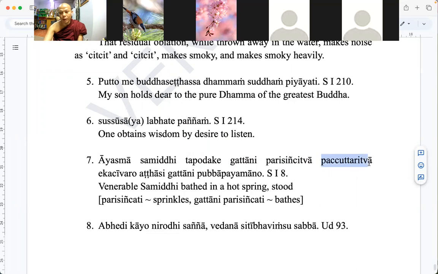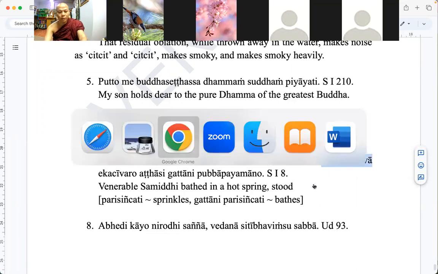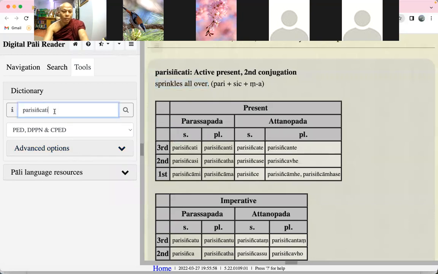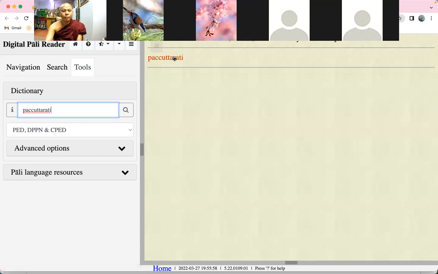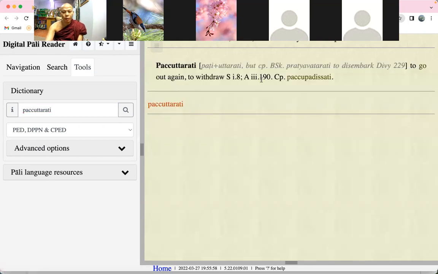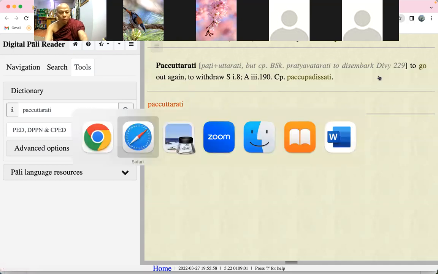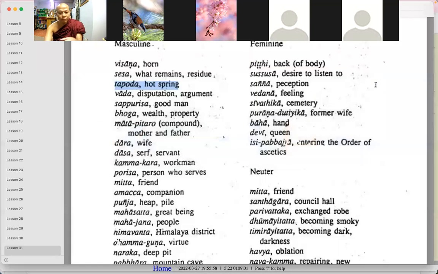So bicho derate the wa, also bicho derate, already in the list of vocabulary. Bicho derate is go out again or withdraw. So go out again, but in the list of vocabulary it is ascending or something.